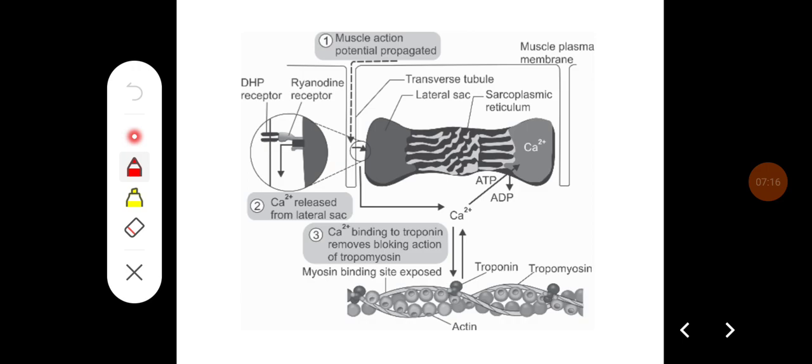So this is a diagram showing the sarcoplasmic reticular system. This is the transverse tubules and these are longitudinal tubules.